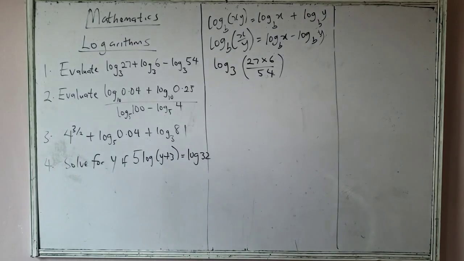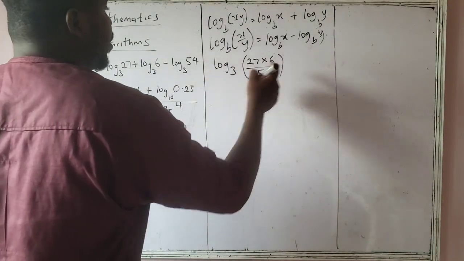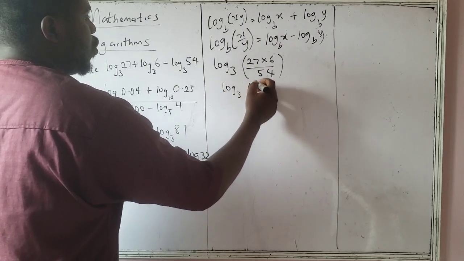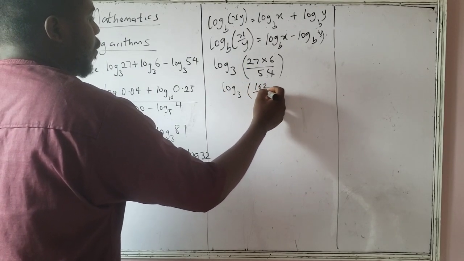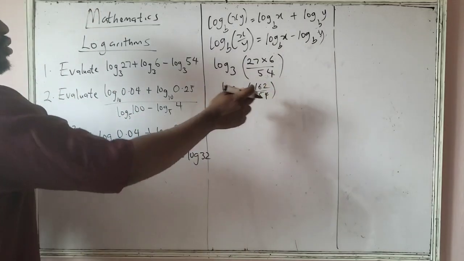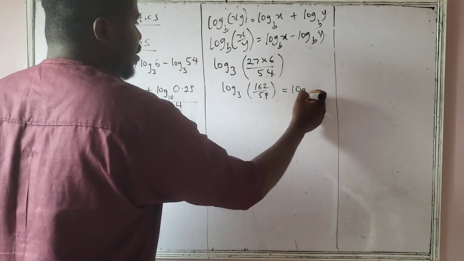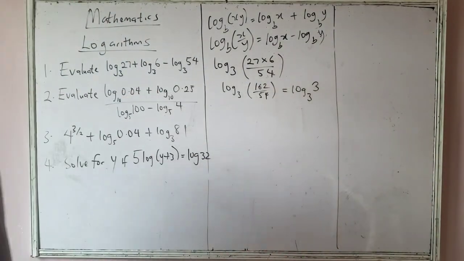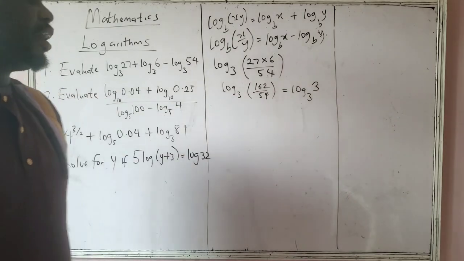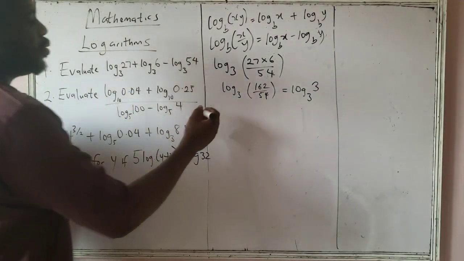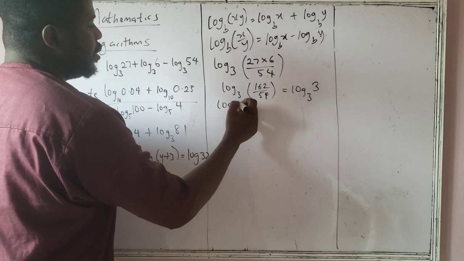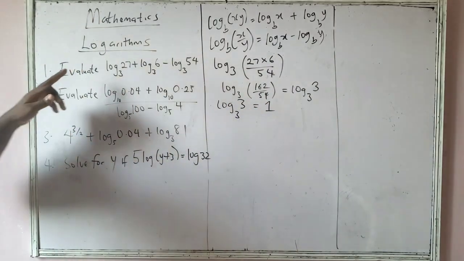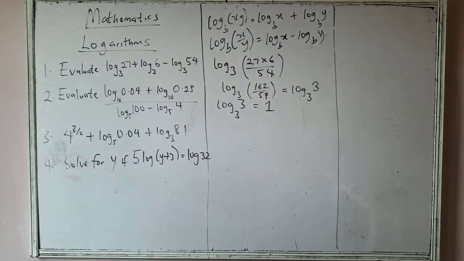And when we press our calculator, we will see that 27 times 6 over 54 is 3. So log 3 base 3. And once this number and the base are equal, the answer is equal to 1. So the answer of this number 1 question is 1.